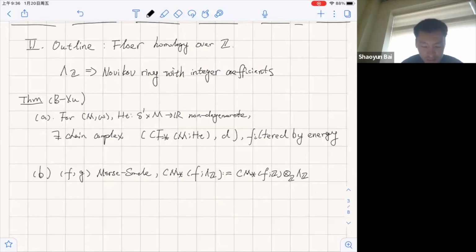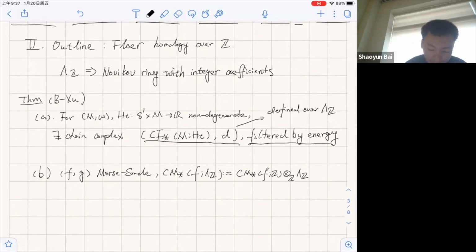So still, let's fix our symplectic manifold (M, omega), and let's assume that we have a one periodic non-degenerate smooth Hamiltonian. Then we can find a chain complex defined over our integral Novikov ring. And for those of you who care about energy filtration, as usual, this is a filtered chain complex. This chain complex has the feature that it's Z mod 2N graded.